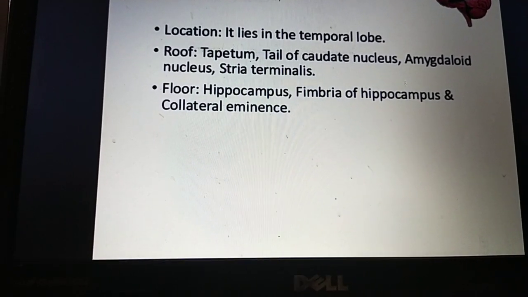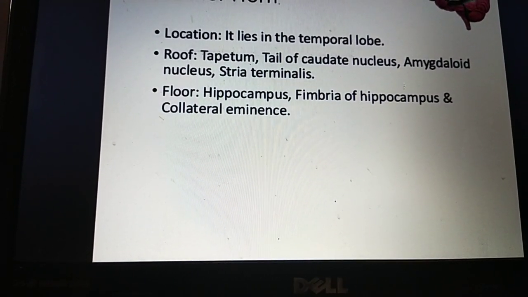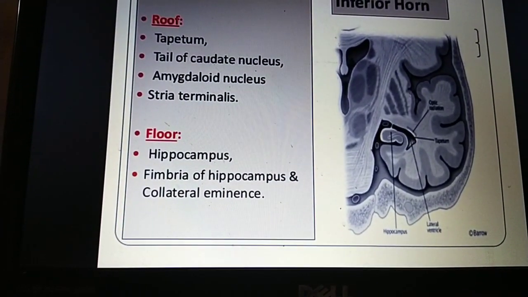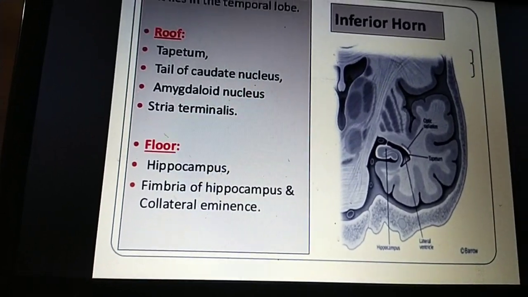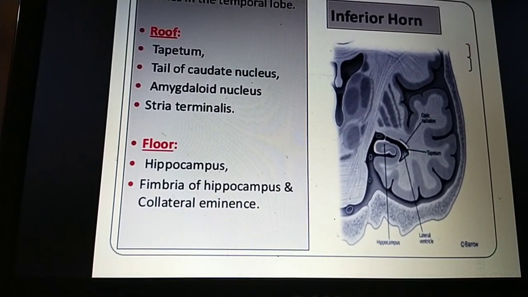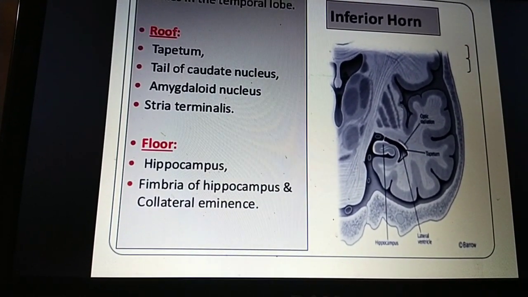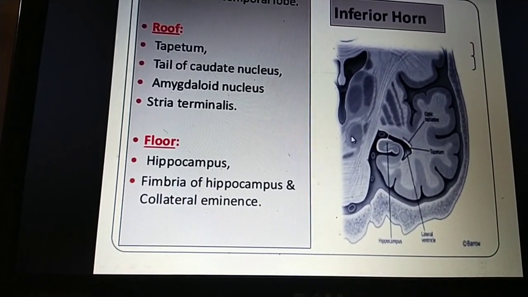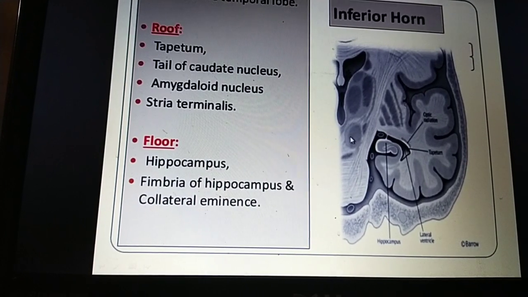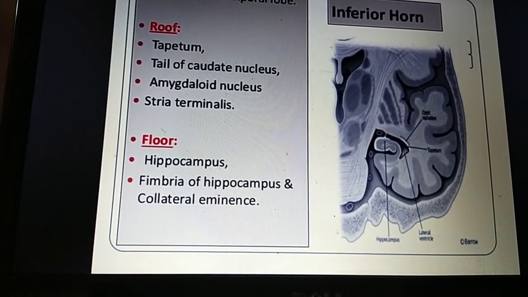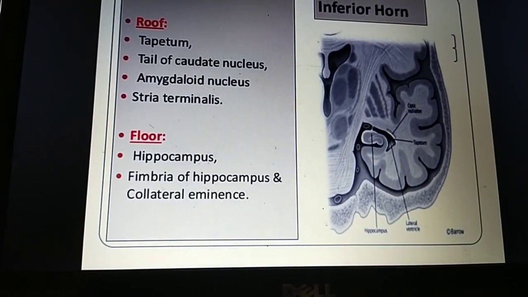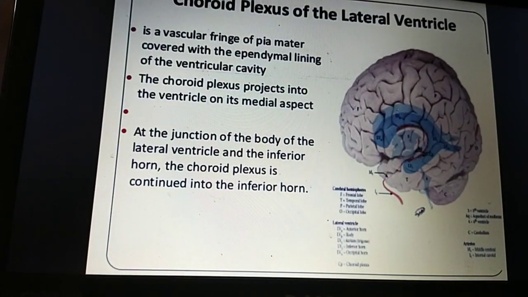Floor, hippocampus, fimbria of hippocampus and collateral eminence. You can see this is the inferior temporal lobe.